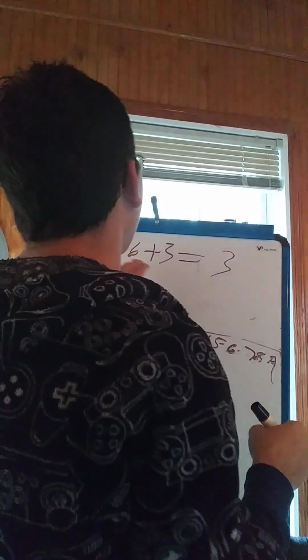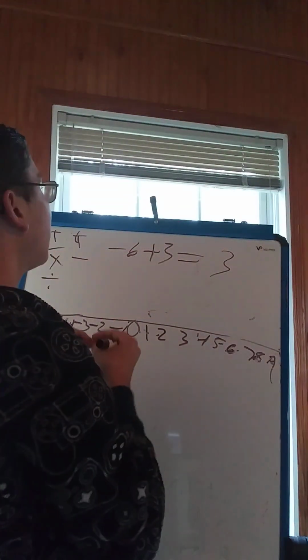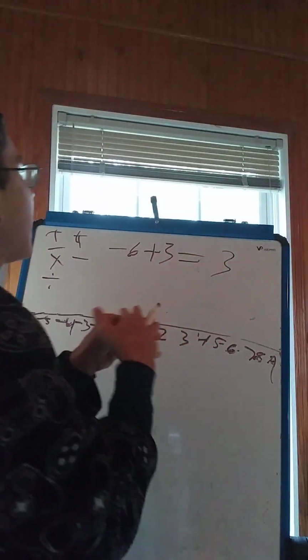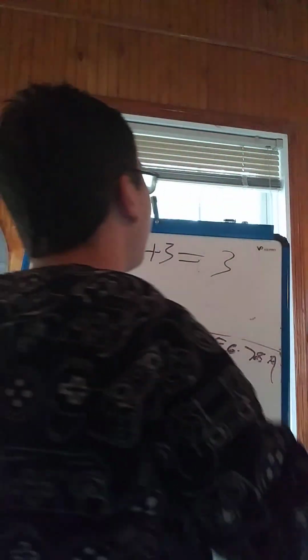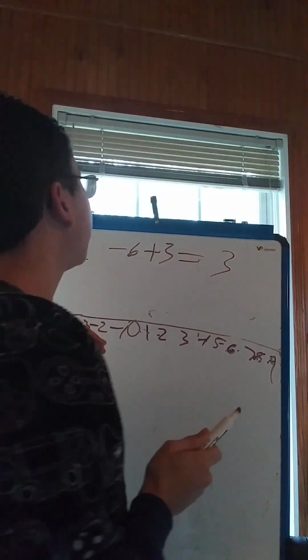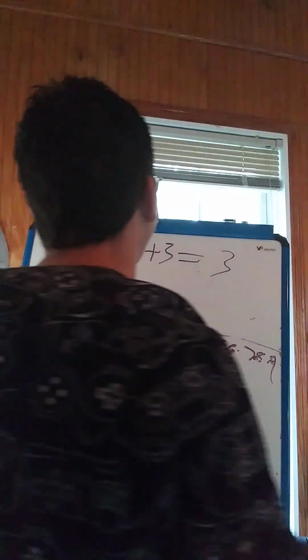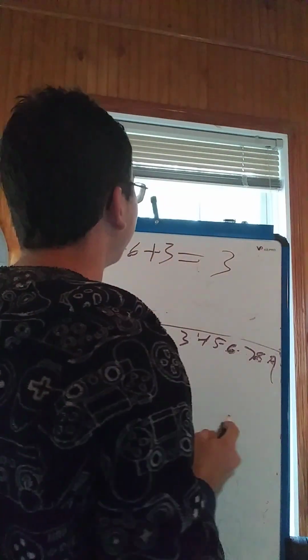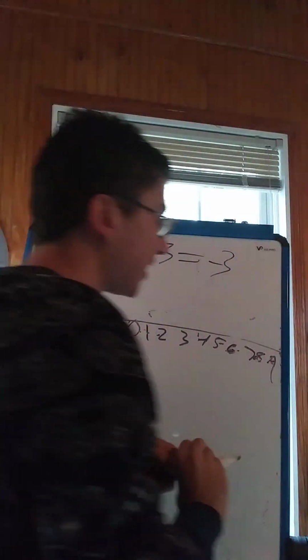Because just think generally. Pretend that there's no negative sign here. Just think without the integers of a number. 6 is a bigger number than 3, obviously. So, we would use the sign of the in-general bigger number, which is a negative sign. So, our answer would be negative 3. Just as simple as that.